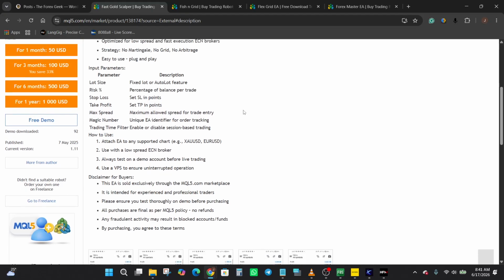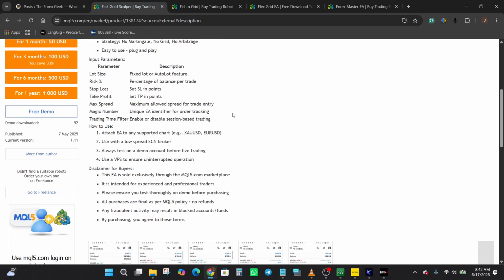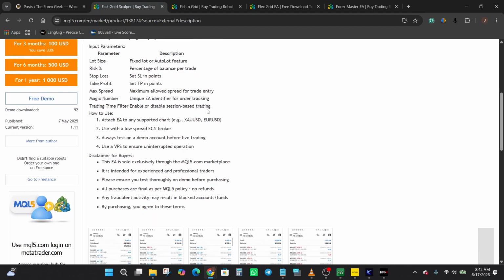Additional inputs include stop loss and take profit values, giving traders control over exit parameters. There is also a max spread filter, which can help prevent entries during periods of higher transaction costs. The magic number setting allows the EA to uniquely identify its own trades.